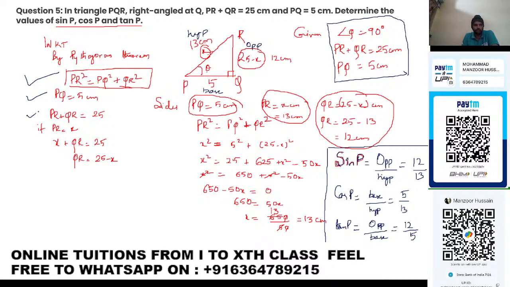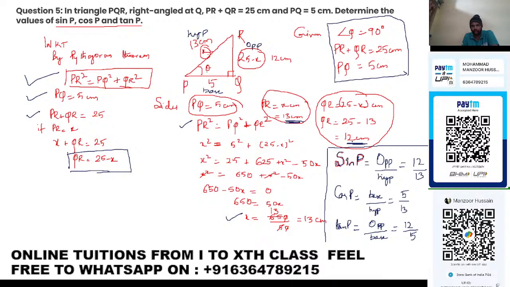Therefore, we calculated PR and QR separately, where we assumed QR to be 25 minus X, and then based on the Pythagoras theorem's solution, we found the X value. When we found the X value, we substituted it to get PR, and with that substitution, we got QR also.